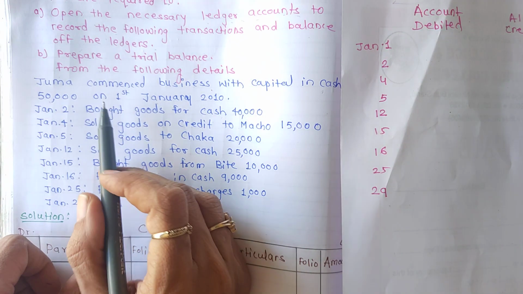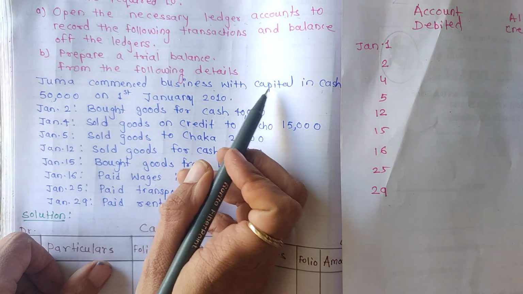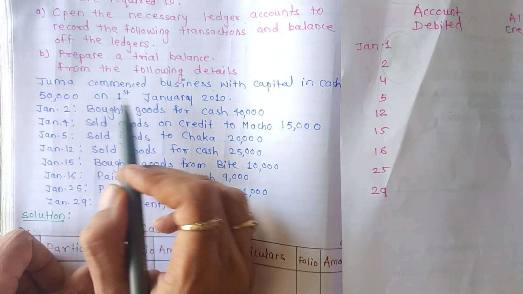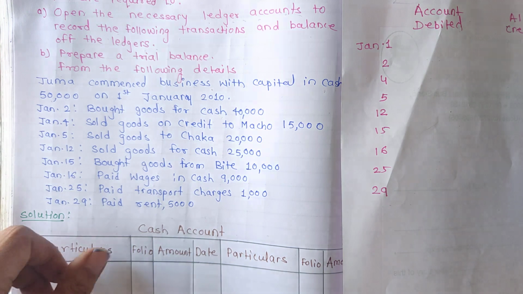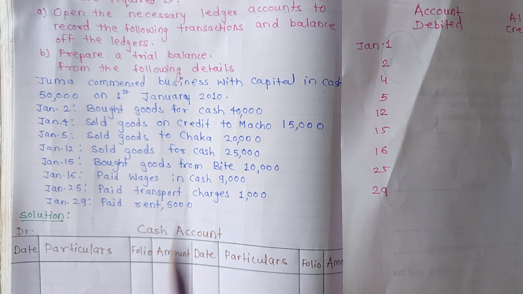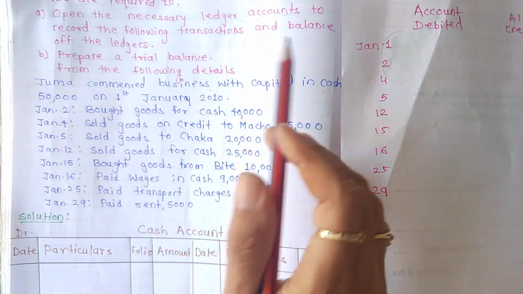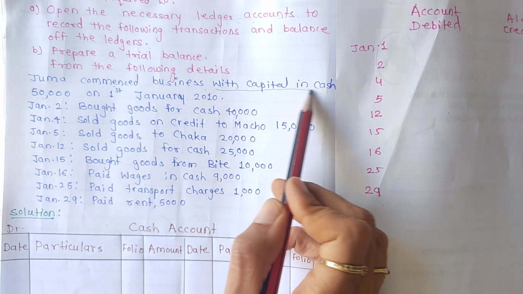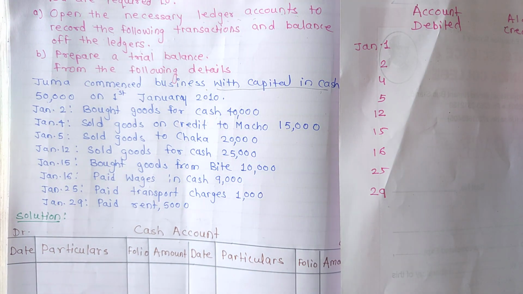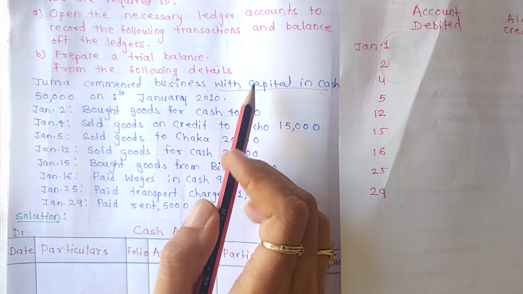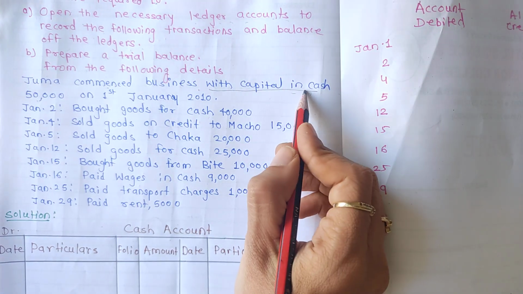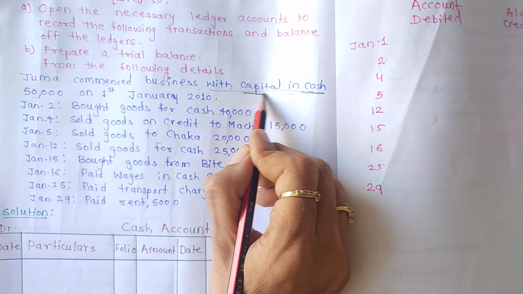See the first one, Juma commenced business with capital in cash 50,000 on 1st January 2010. So here, when business started with capital in cash, two accounts which are affected are cash and capital.